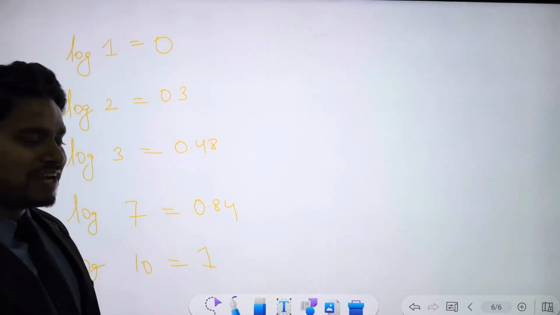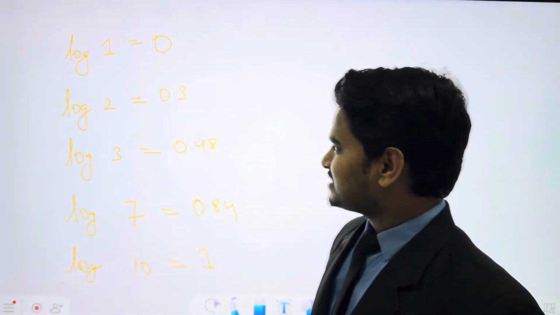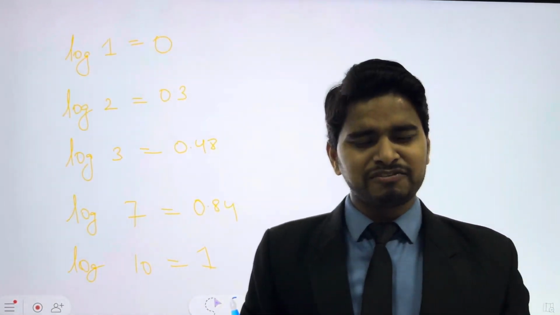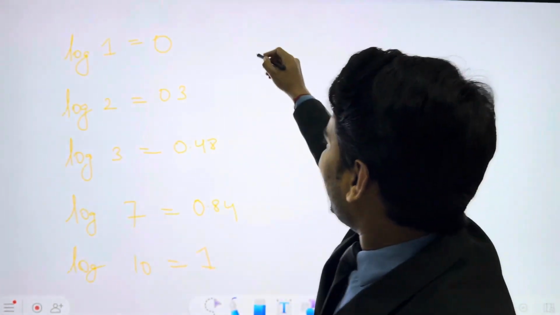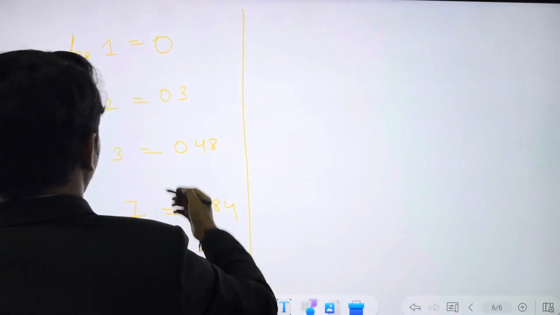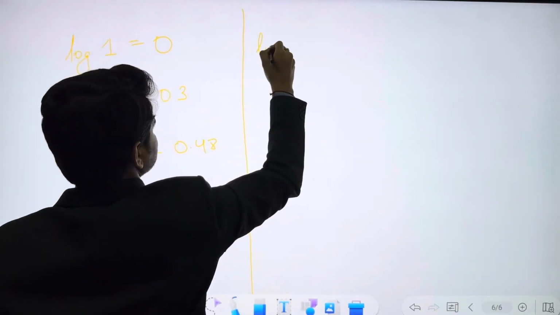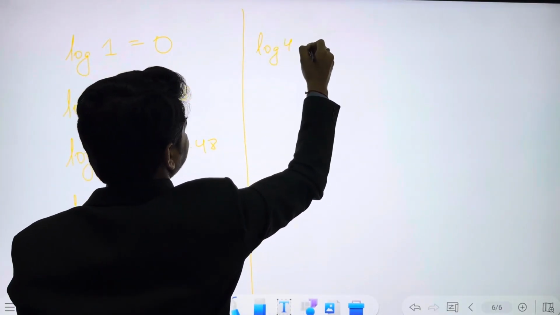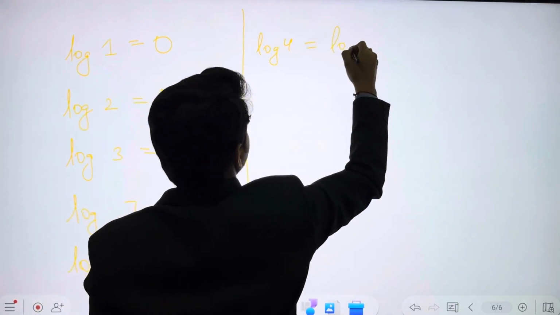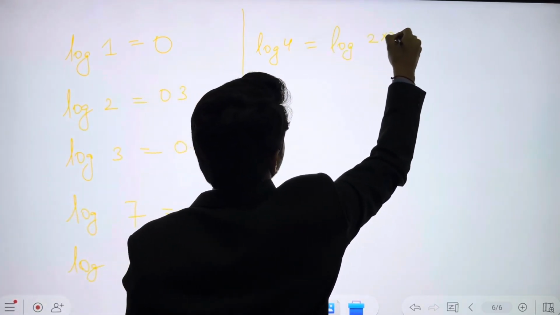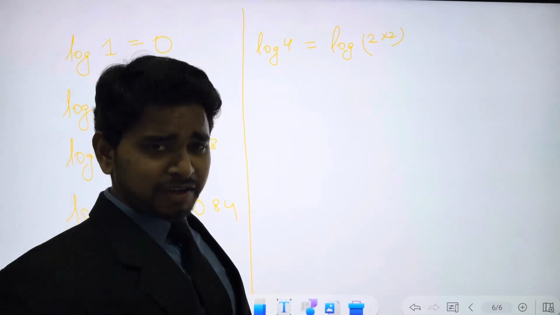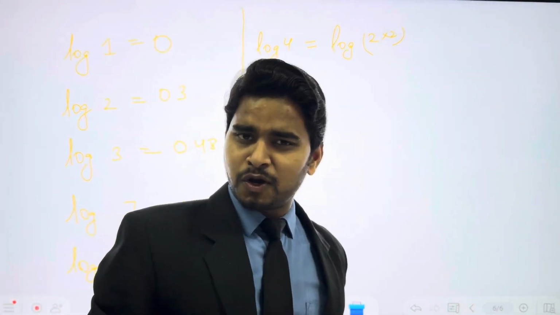Sir, you have skipped the value of 4, 5, 6, 8. I believe that you can find out all those on your own. Let's go ahead and try to do that. So you have to find out the value of log 4. Log 4 can be written as log 2 into 2, right?